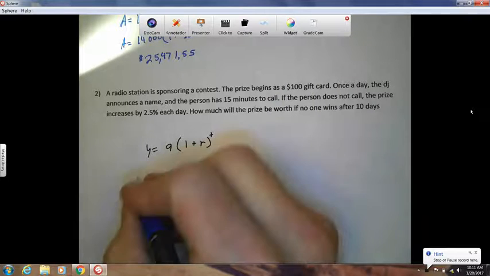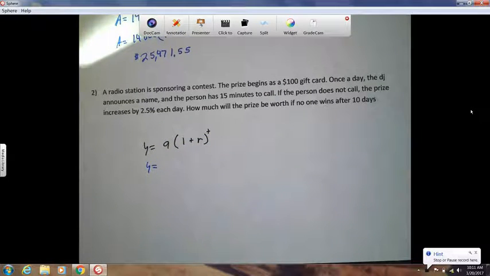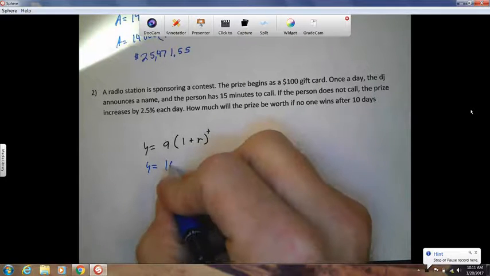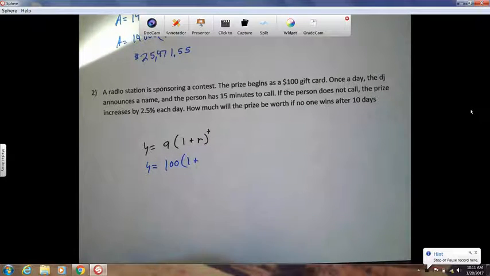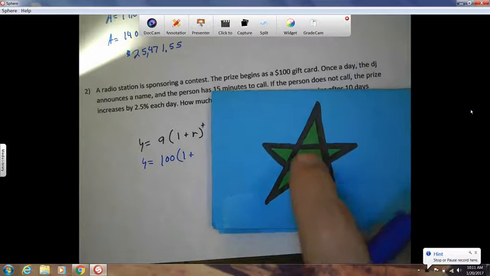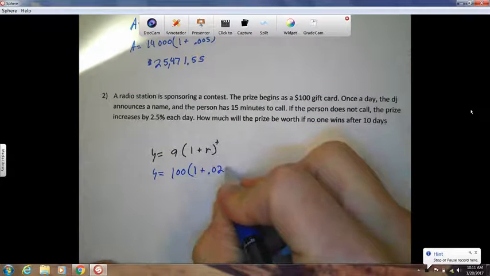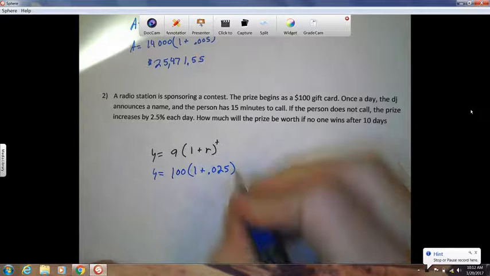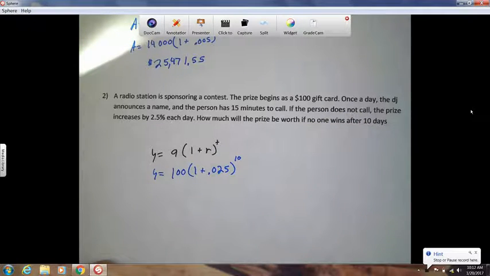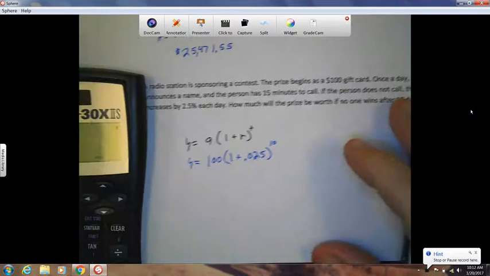So A is my initial amount. It's $100. Of course, R is my rate of change as a decimal. So watch out for this. It's as a decimal. 0.025. And then T, we're talking about 10 days. So make sure on your calculator you know how to put this in correctly.